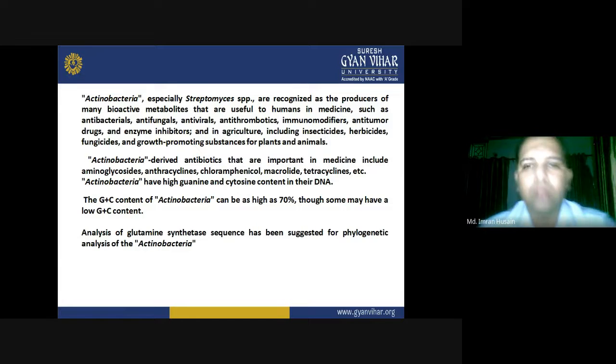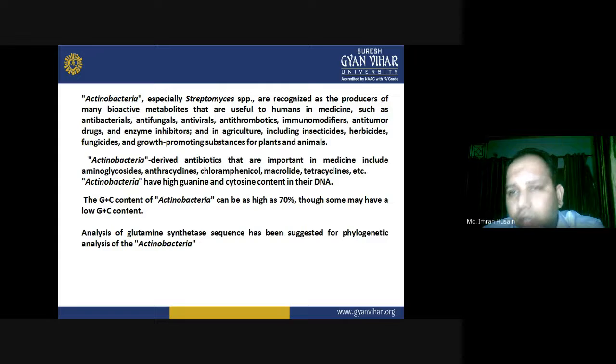They have a wide range of applications, and many of them are proven to be antiviral and antifungal in nature. They have insecticide properties and anti-tumor properties, and many of them are enzyme inhibitors also, as well as growth promoting substances for plants and animals.